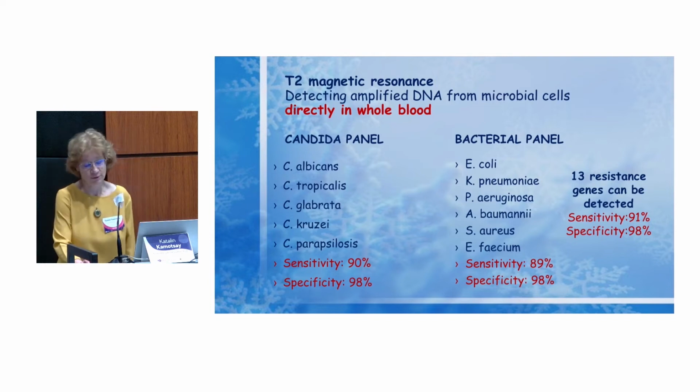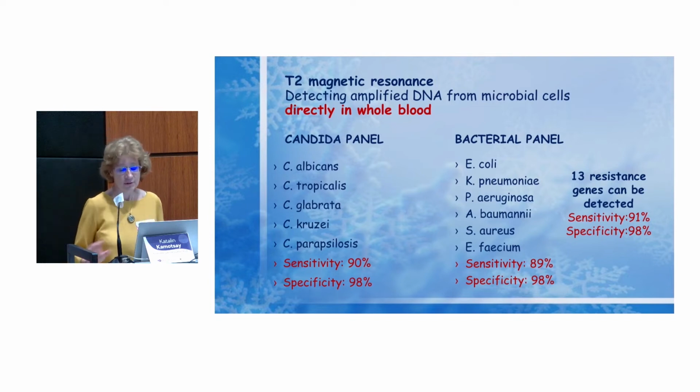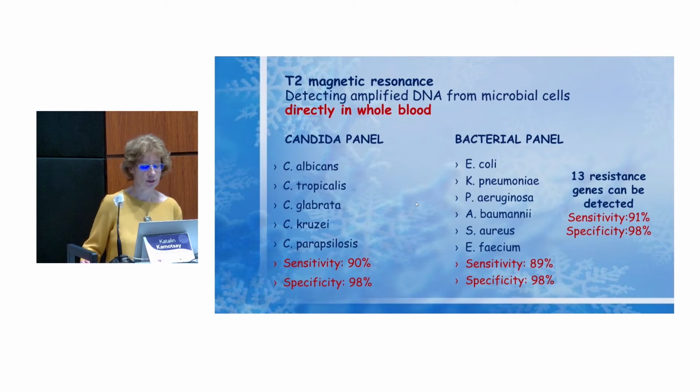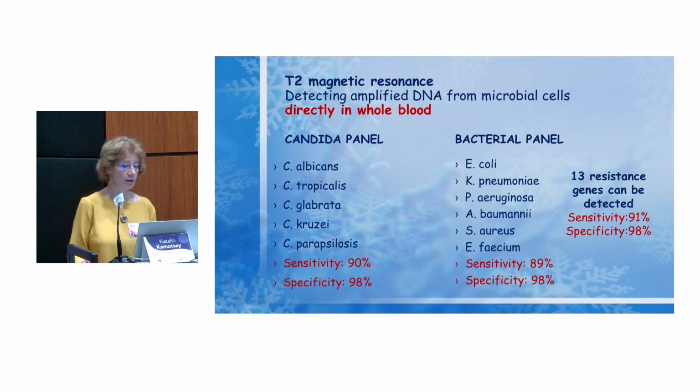And the result is controversial. But anyway, it can detect resistance genes also. The Candida panel is quite good if we think about the most typical infectious Candida, albicans and non-albicans genus and species.